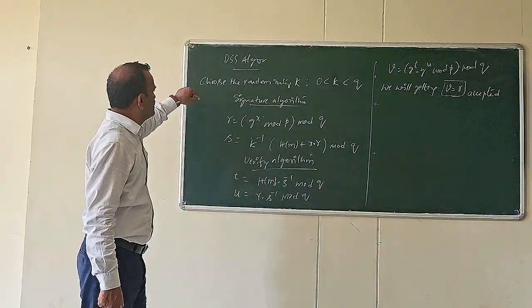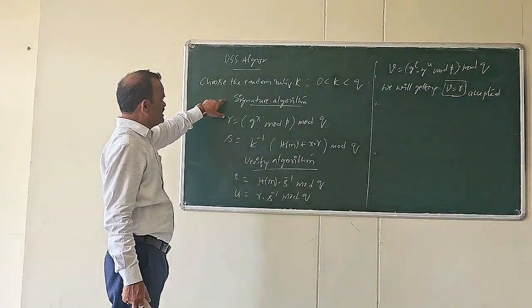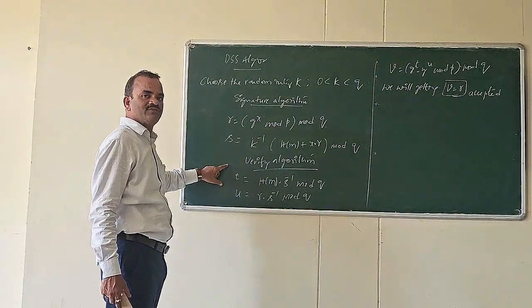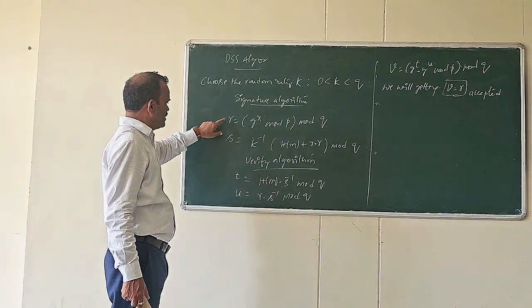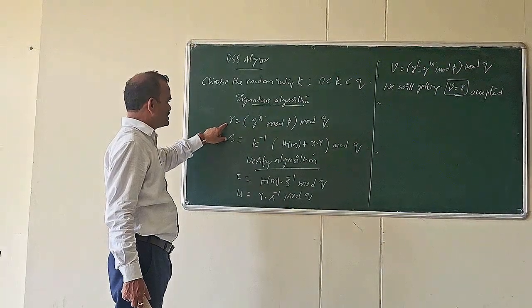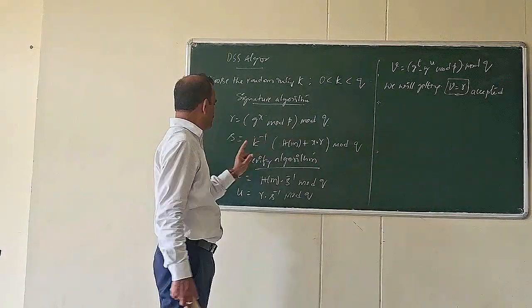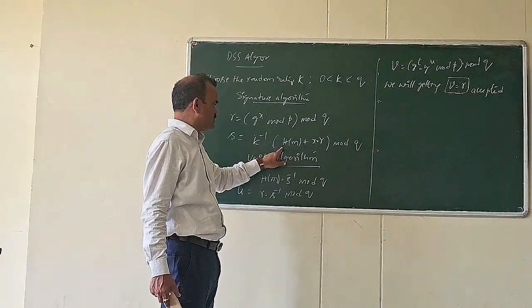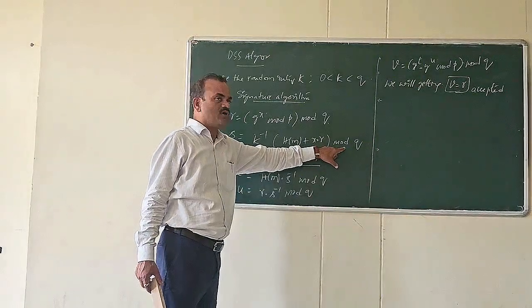So here there are two modules. One is the signature algorithm and another one is the verifying algorithm. In the signature algorithm, we take two parameters r and s. r equal to g power k mod p mod q and s equal to k inverse into hash message plus x into r, whole mod q.